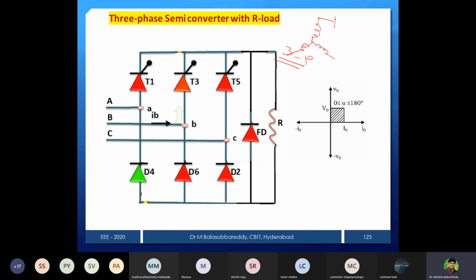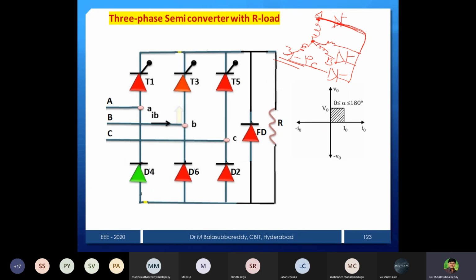in each phase we connect one thyristor, like that A phase, B phase and then C phase, and these will be connected together like this. The midpoint will be connected as the load. This is our 3 phase half wave rectifier, or a 3 pulse midpoint converter. Whichever device is conducting, whether A phase, B phase or C phase, the voltage across the load is the same as that phase voltage. Suppose T1 is conducting, the output is the A phase voltage.